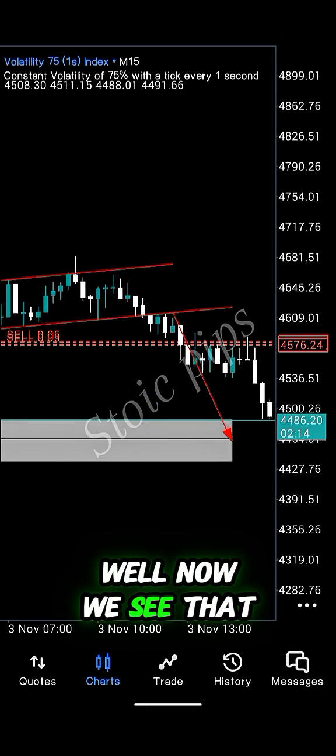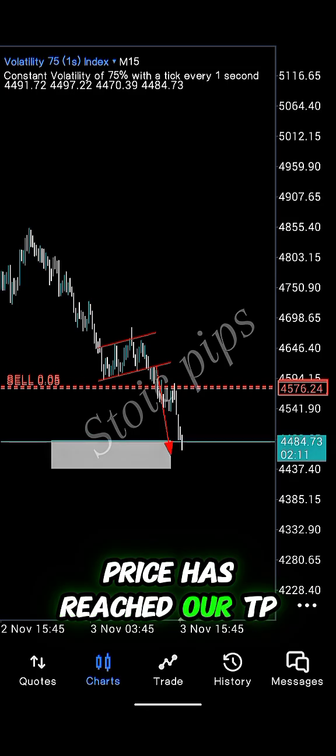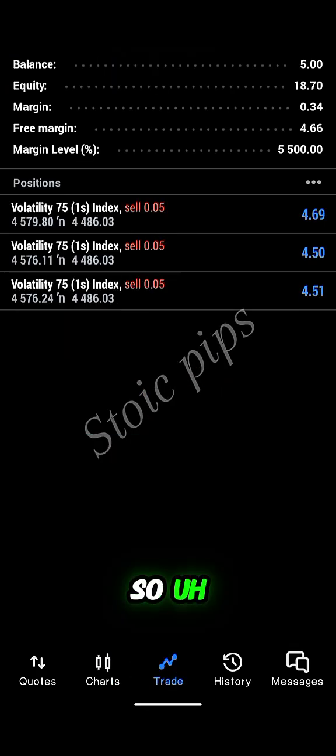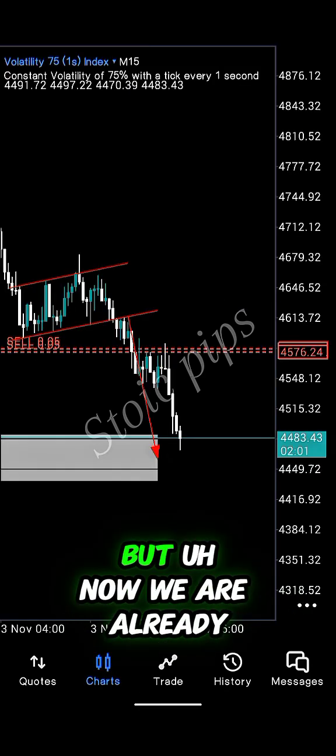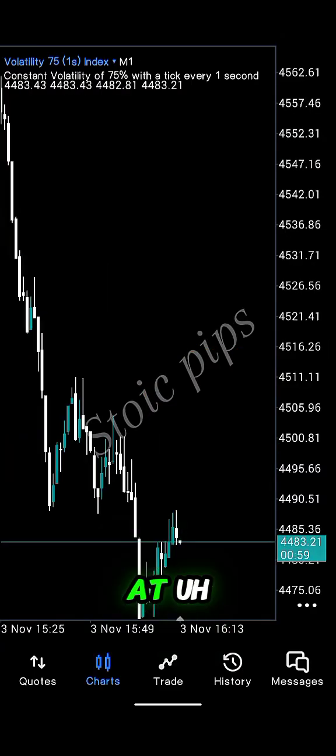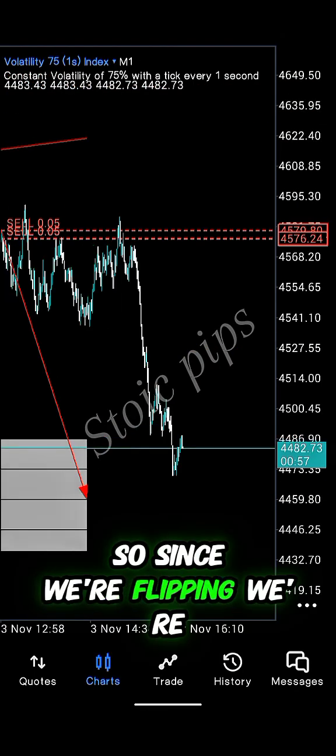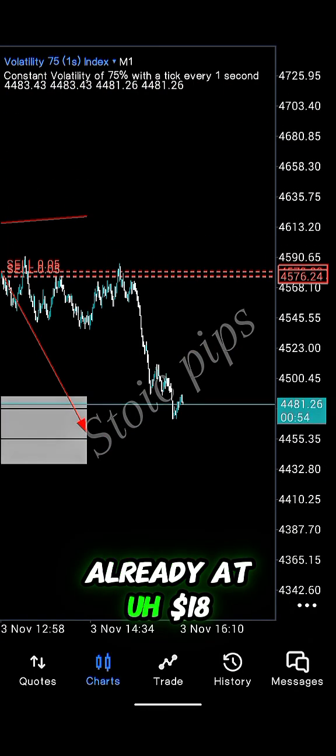Well, now we see that price has reached our TP. So now that price has reached our TP, I think we are ready to close. So like I told you, we are targeting 1 to 2, but since we're flipping, we are already at $18.